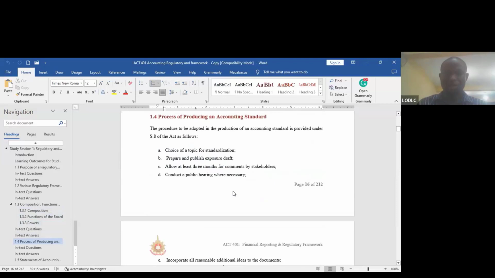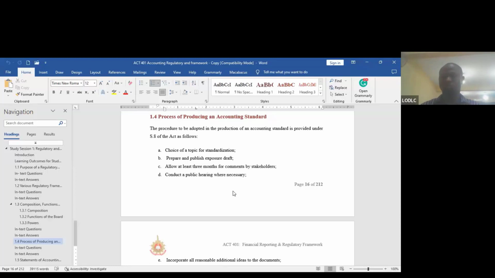So what are the processes of producing an accounting standard? So that's the next line of action. So what are the processes of producing an accounting standard? I've said something the other time. I said a particular standard, you can't just produce it unless so many things have been put in place.